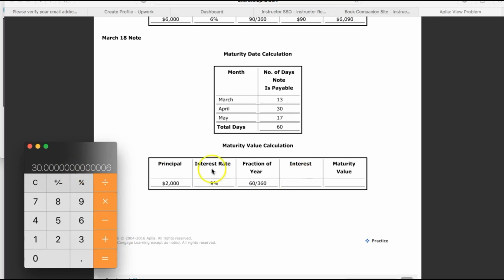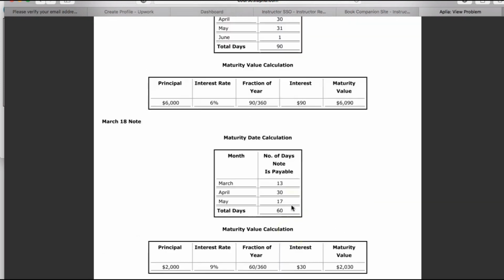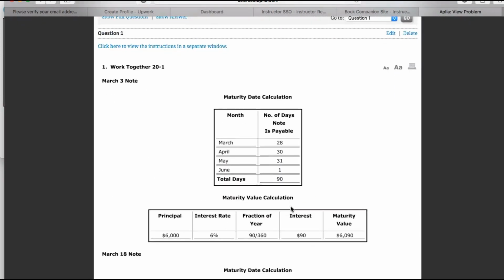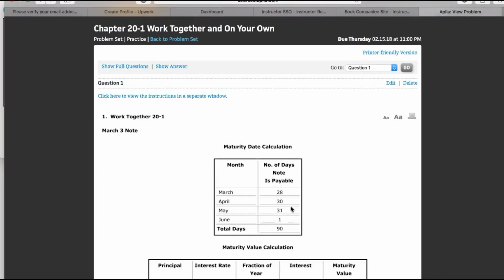That gives us $30. So our interest is $30. Maturity value is principal plus interest, so that's going to be $2,030. Okay, so that's how you do that. I want you guys to go ahead and do 20-1 on your own and the 20-1 application.